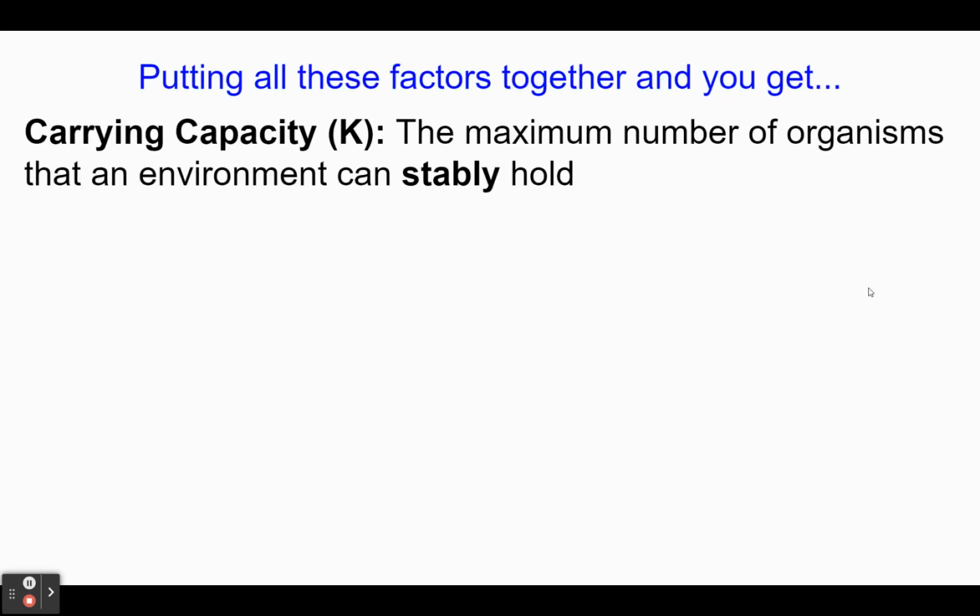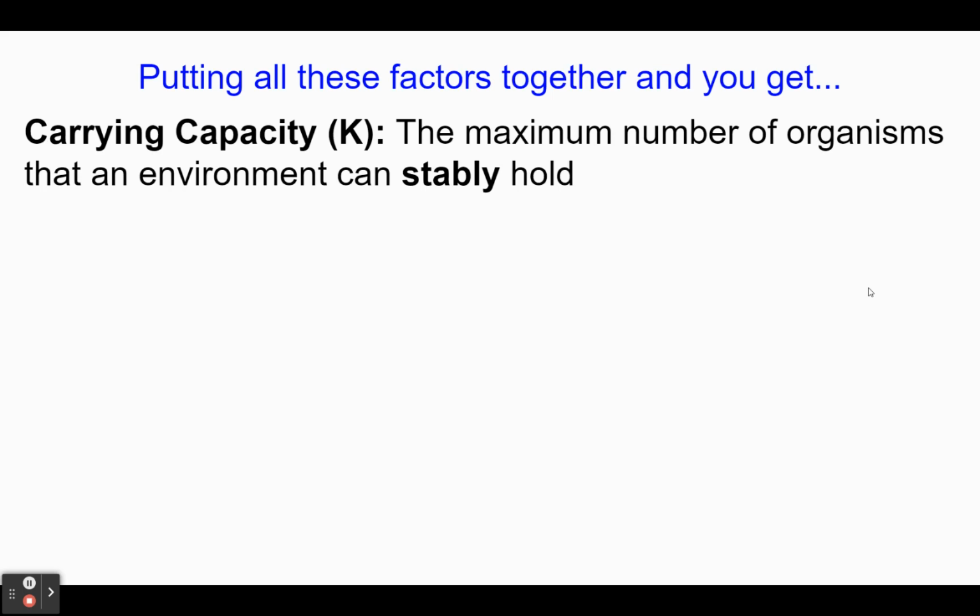Putting all of our limiting factors together, we can understand something called the carrying capacity of an environment. The carrying capacity is abbreviated as capital K. This is the maximum number of organisms that an environment can stably hold. Now, I put the word stably in bold, and you should underline it or do something to make it stand out because it is that important.